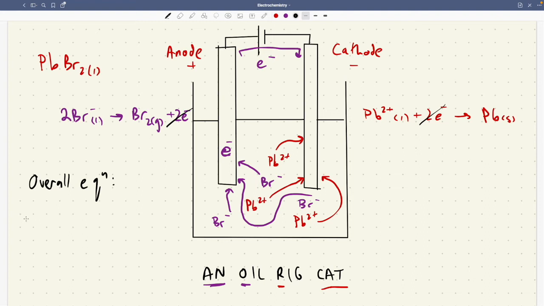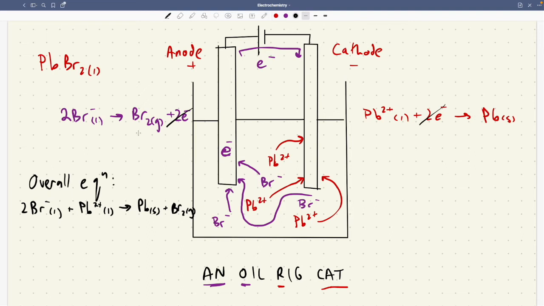So we're going to have our 2 bromide ions and our lead ions. It's molten, so they're both in the liquid phase. I'm going to run out of room, aren't I? I reckon I can squeeze it in. And we're going to form lead metal and bromine gas like that. Brilliant.